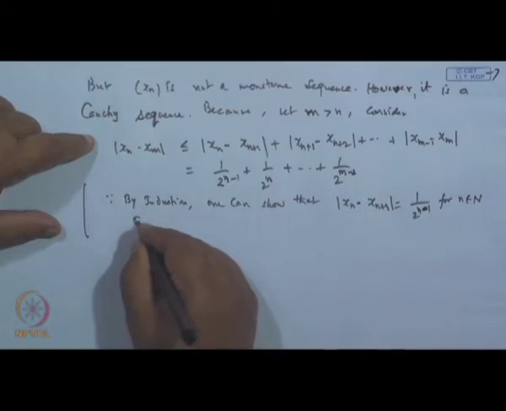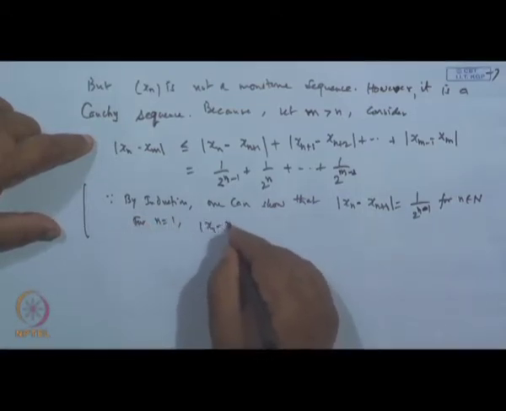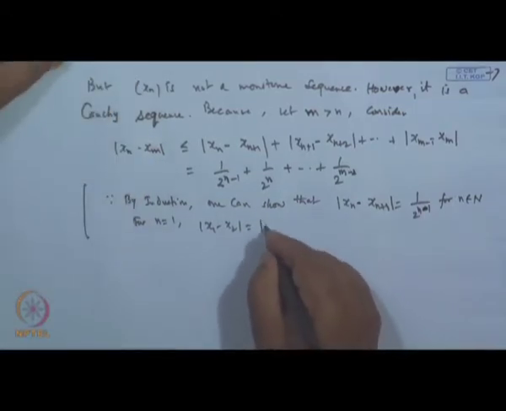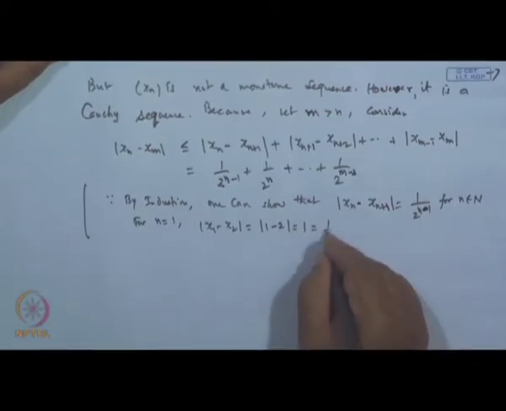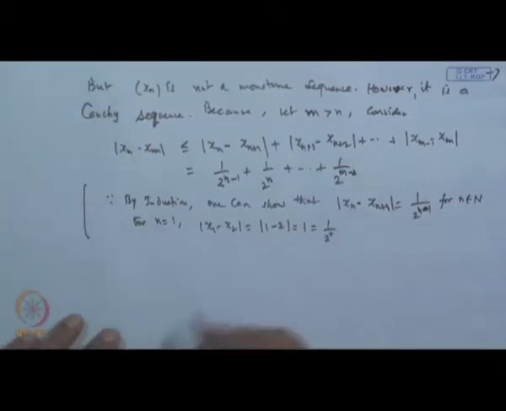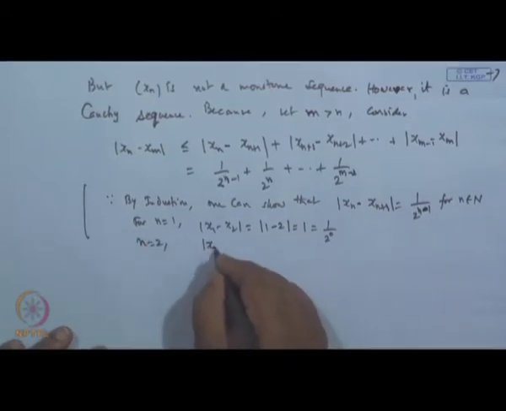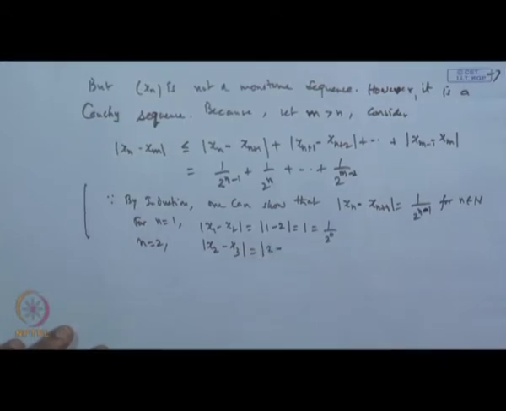It can be tested for n equal to 1. For n is equal to 1, what happens? Mod of x 1 minus x 2, x 1 is given to be 1, x 2 is given to be 2. So it is basically 1, which can be written as 1 to the power 0. For n is equal to 2, if we take x 2 minus x 3, x 2 is 2, and what is x 3?